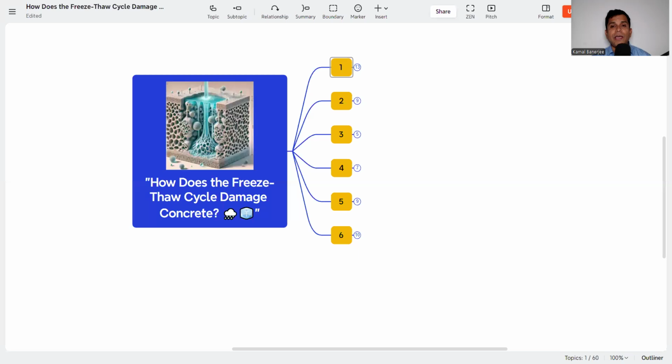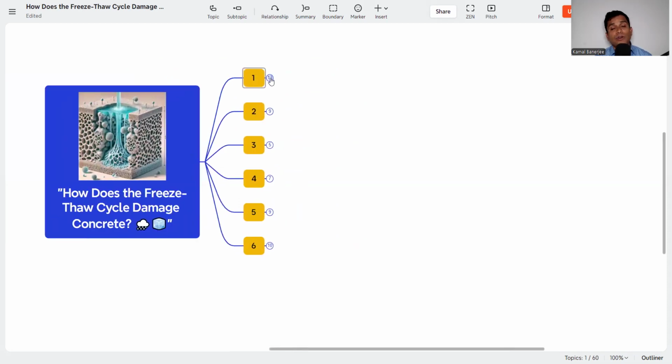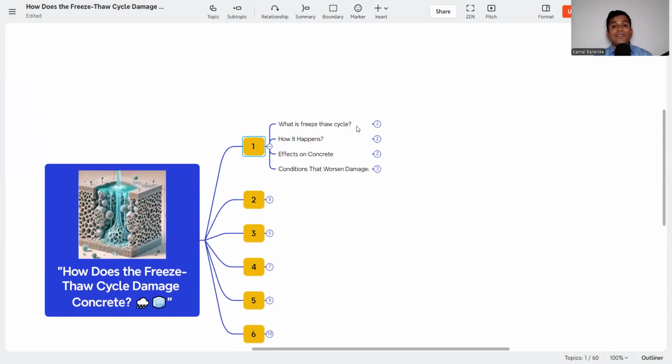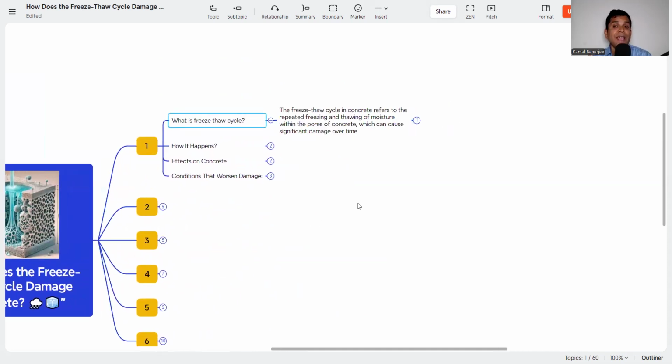So without wasting time, let's jump into the subject, that is the freeze-thaw cycle. How does this freeze-thaw cycle damage concrete strength and durability? First we need to know what the freeze-thaw cycle is. The freeze-thaw cycle refers to the repeated freezing and thawing of moisture within the pores of concrete.